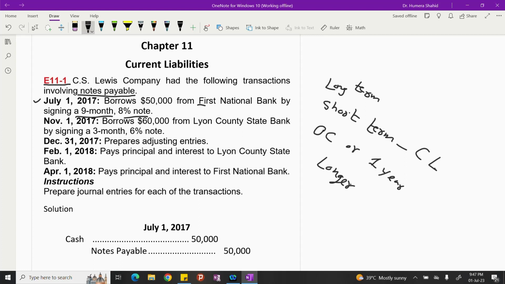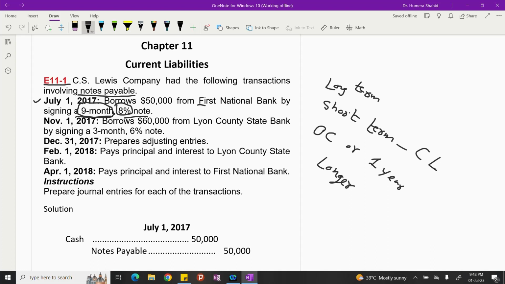Now, if you remember, when I discussed the theoretical content of this chapter, I told you that notes payable, their rate is usually annual. If it is not annual, it is specifically mentioned that it is semi-annual, monthly, or quarterly. Here, nothing is mentioned, so 8% is annual. 9 months is the life of this note, so it fits into the definition of current liabilities.